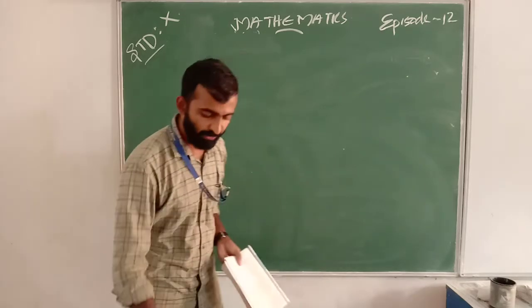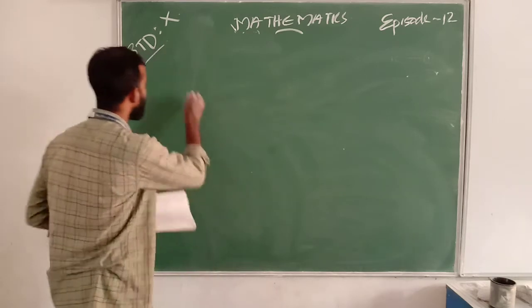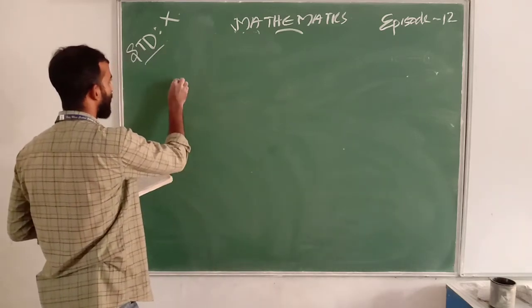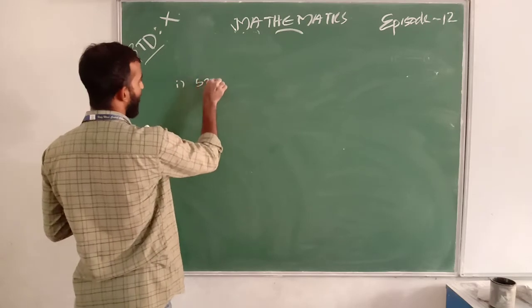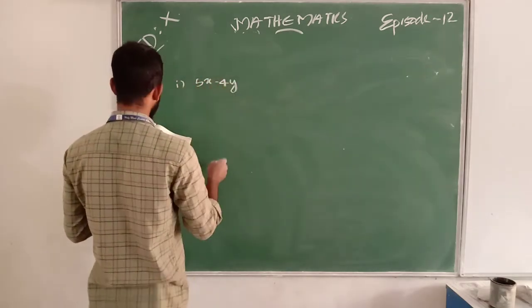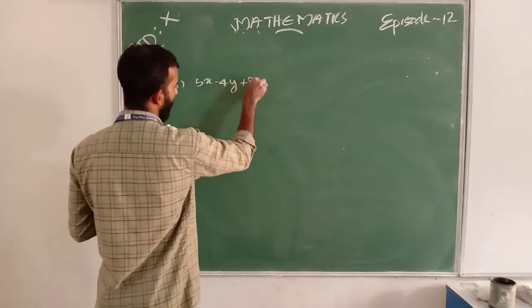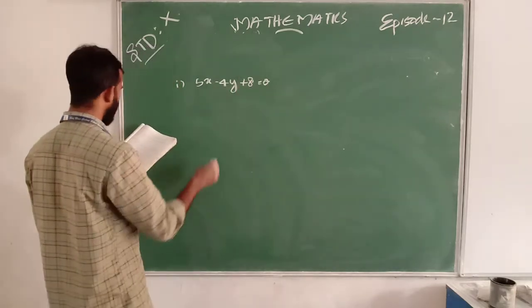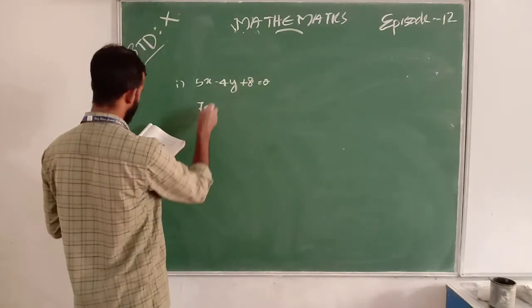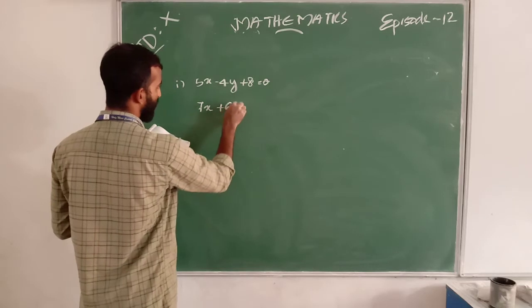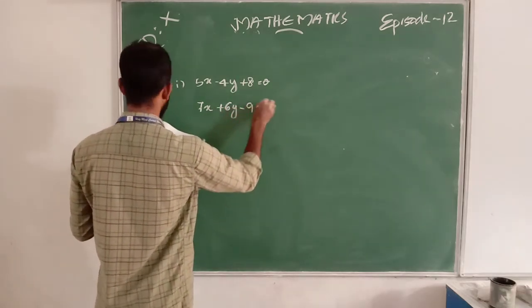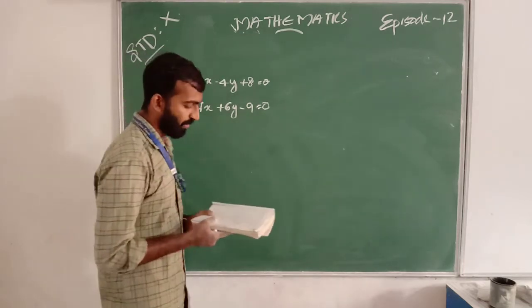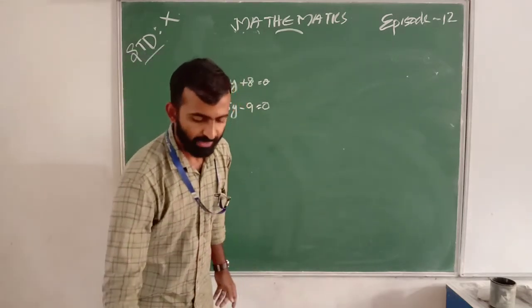First one is 5x minus 4y plus 8 equal to 0 and 7x plus 6y minus 9 equal to 0. This is the first question.